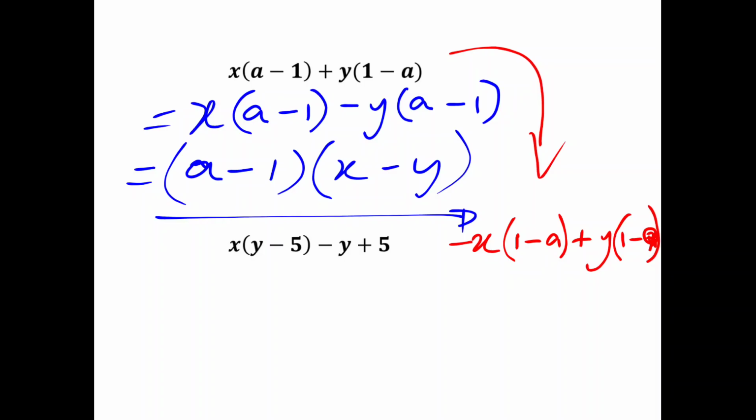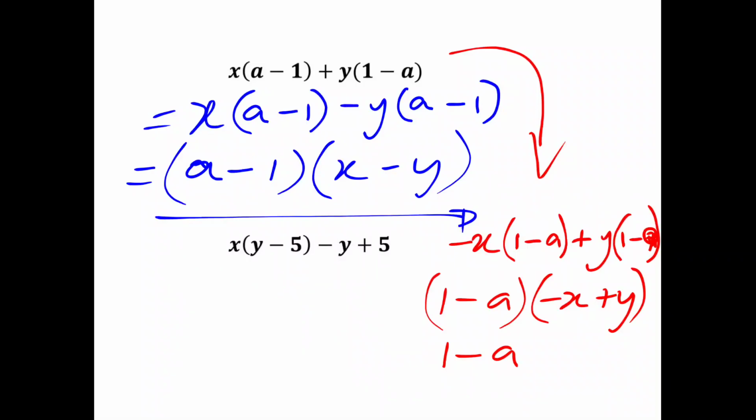You can already see that it will take a different approach. So 1 minus a will be common, and therefore minus x plus y will be the other, and then we end up with 1 minus a multiplied by y minus x. Notice the position of y minus x over here.